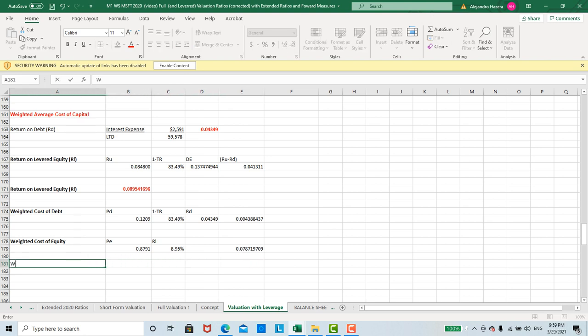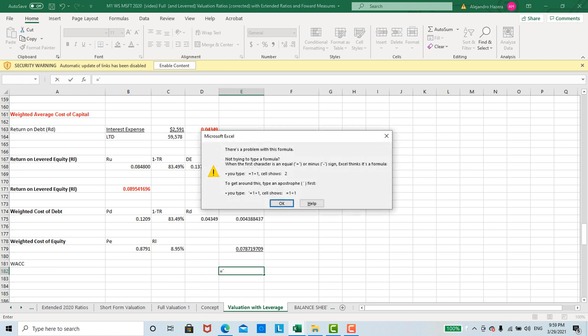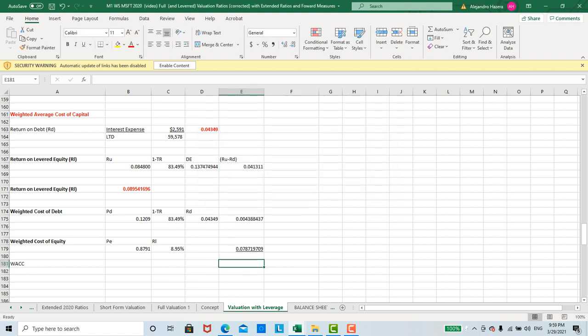Okay, so your weighted average cost of capital is the sum of your weighted average cost of debt plus your weighted average cost of equity.